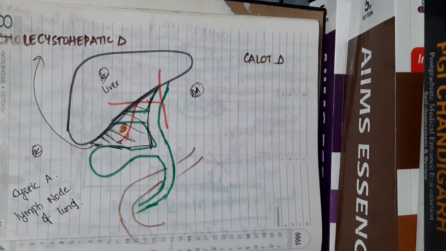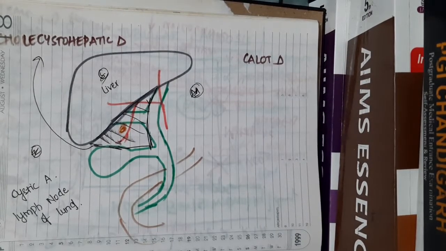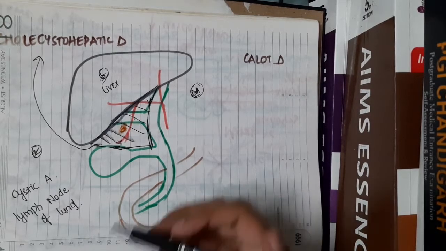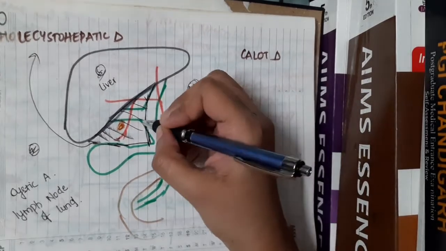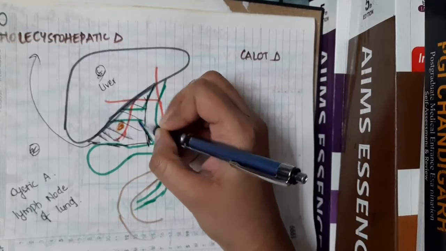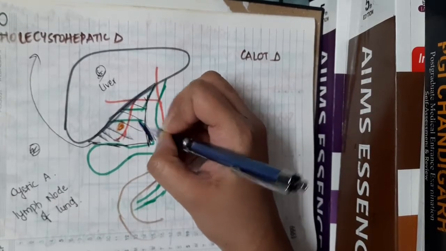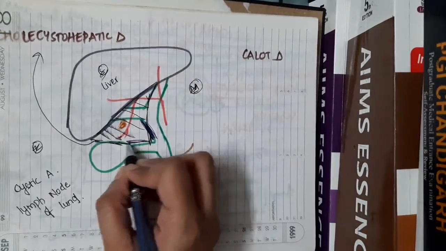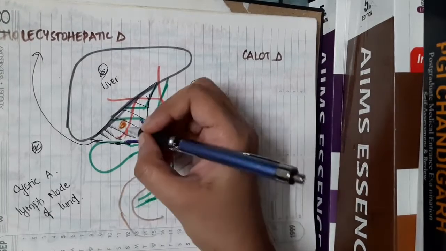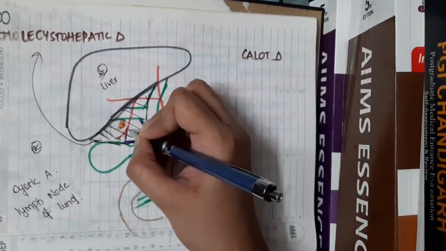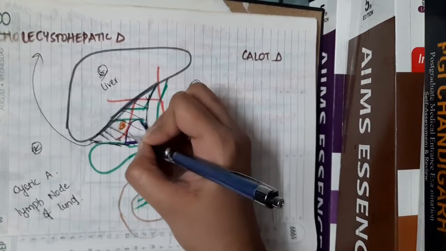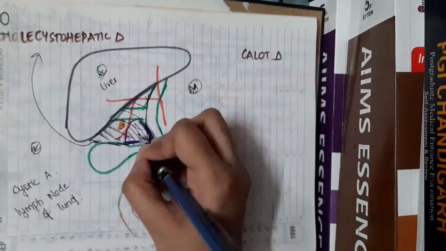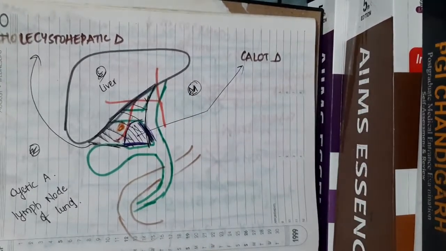Then if you see Calot's triangle, it is formed by the common hepatic duct on one side, the common bile duct on the other side, and the cystic artery above. This small triangular space here is called Calot's triangle.